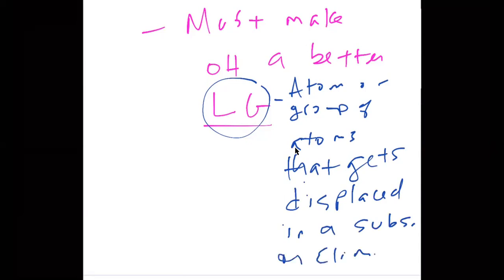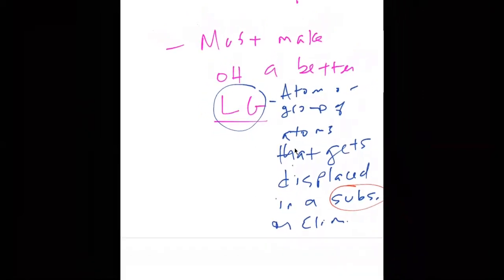For all of the reactions of alcohols being converted into alkyl halides, all three of them are substitutions. Any questions so far? That's a must. In order for you to get rid of the OH group, you have to make the OH group a better leaving group.